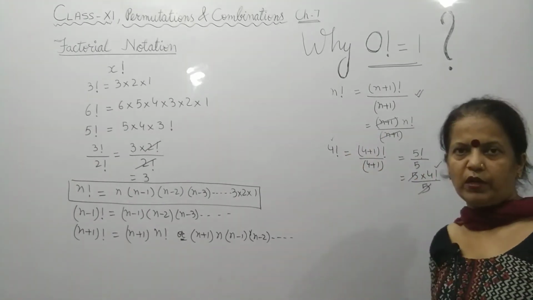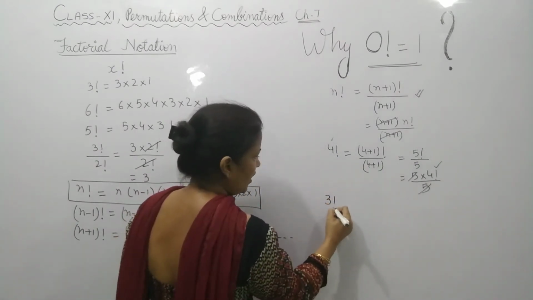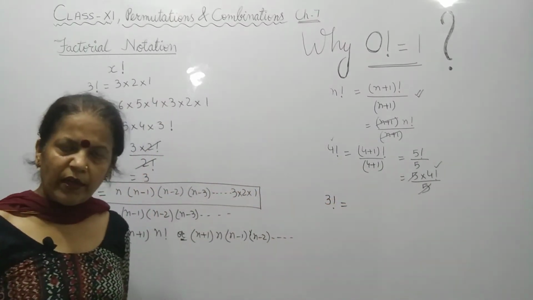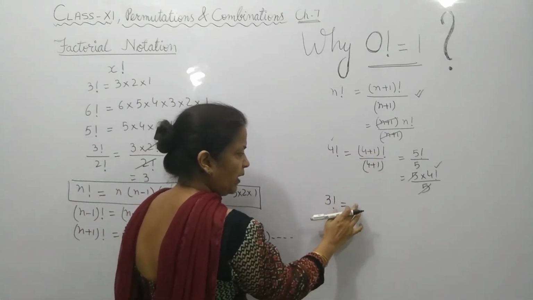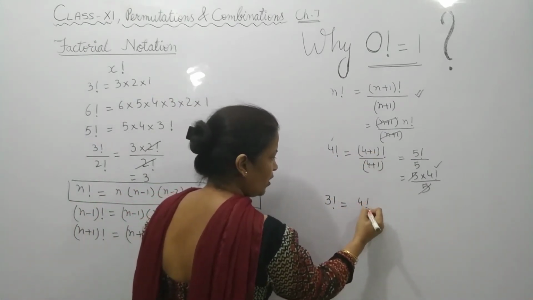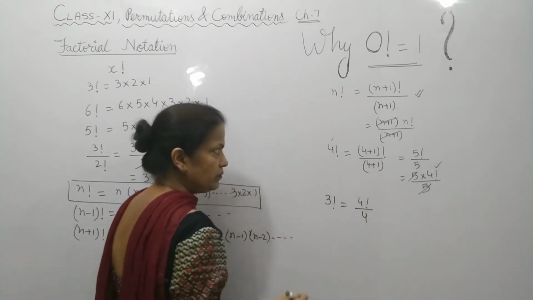If I have to write 3 factorial in this form, it will be 3 plus 1, that is 4 factorial upon 4.